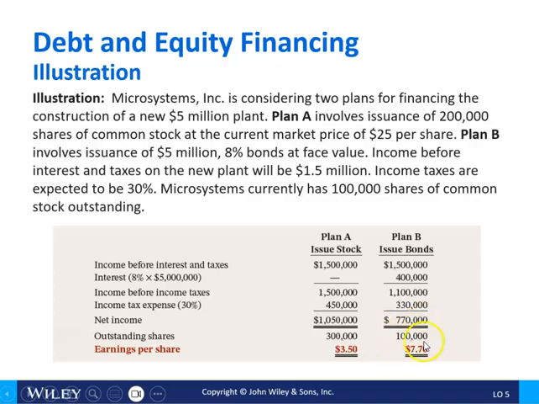But with only 100,000 shares outstanding instead of 300,000, our earnings per share is $7.70 per share. So if earnings per share is your measure and deciding point, you would do Plan B. If net income is your only consideration, you would do Plan A. Typically, it's somewhere in between, so you're using all of this data to come up with a decision.